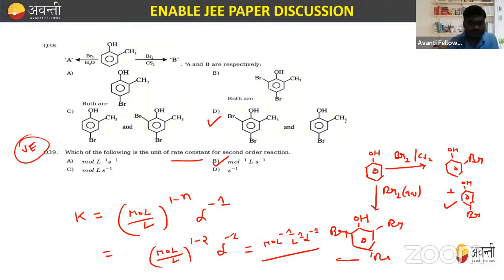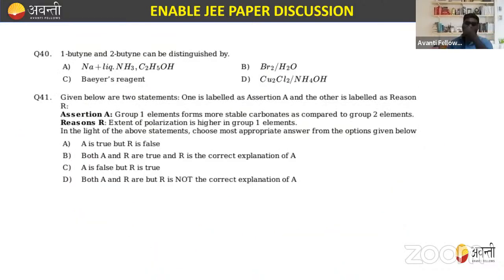Okay? Chalo. Now, the next question is, 1-butyne and 2-butyne can be distinguished by. It is one of the most important concept-wise questions. What is the difference between 1-butyne and 2-butyne? Can anyone tell me? If I'm talking about butyne, 1, 2, 3, 4.